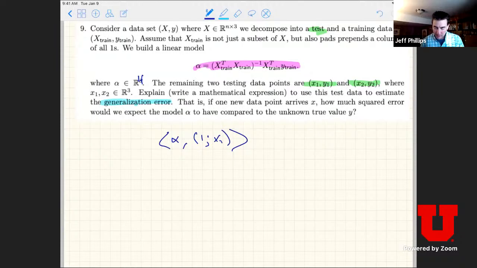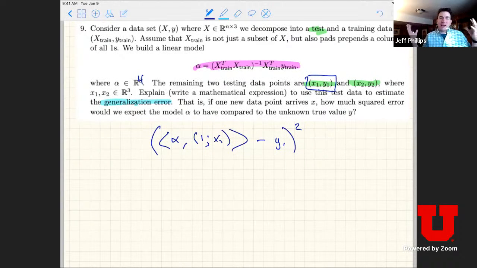And I want to compare this to y1, but I want to expect the squared error. So from data point x1, this is my estimation of the squared error. I've got this x1, which was held out of the data, so I didn't train with this data point. And now I want to say, well, what was the squared error on this data point? That's an estimation of it.